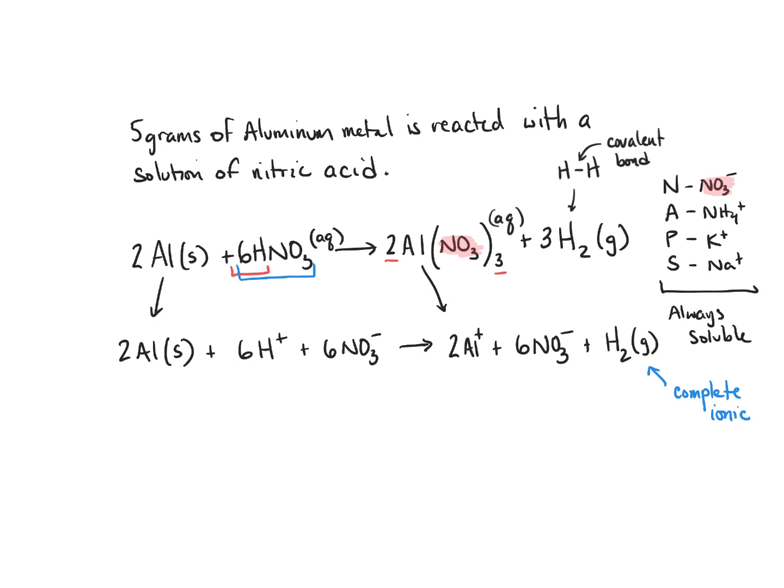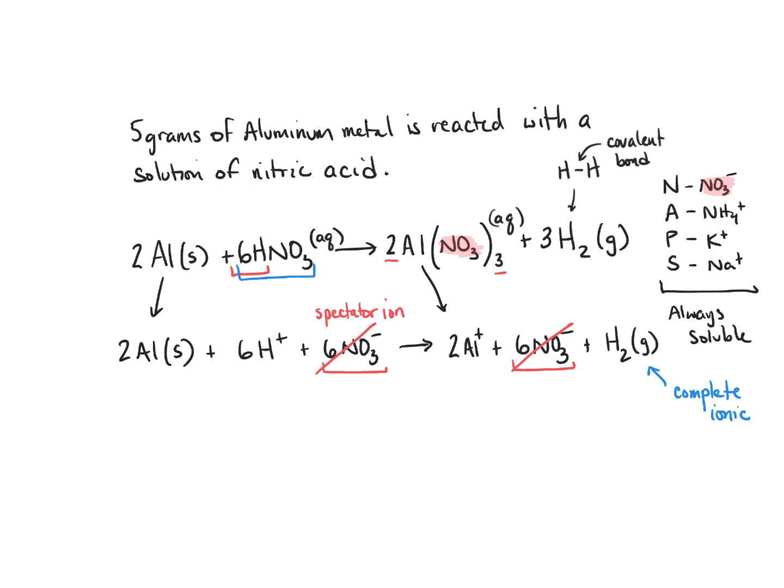Now the cool part is with a complete ionic, we can get rid of anything that we refer to as a spectator. If you notice, this 6 NO3 and 6 NO3 was in solution on the left side before they reacted, and it was in solution on the right side once they've all reacted. So we can just cancel that, and that's what we refer to as a spectator, more specifically, a spectator ion.